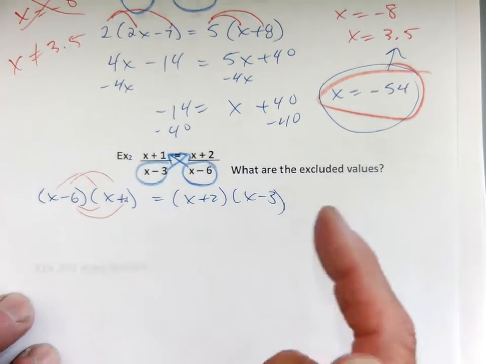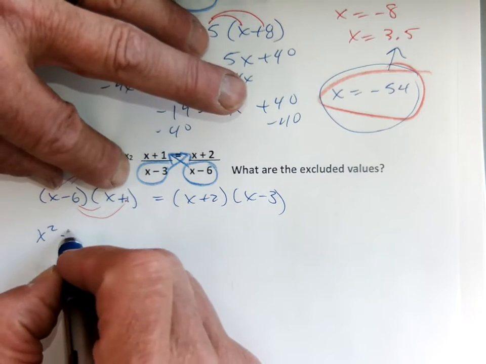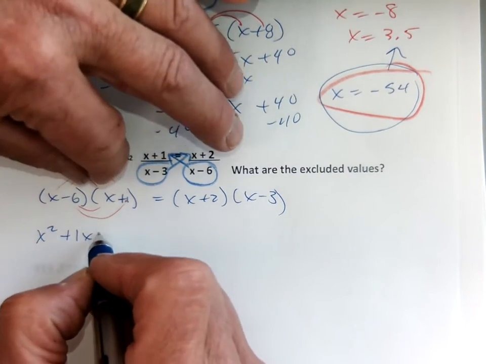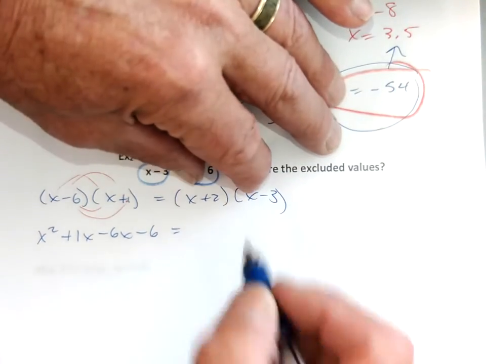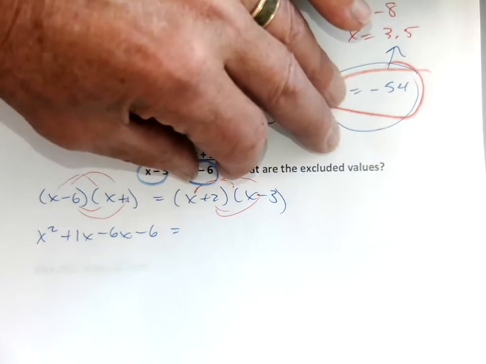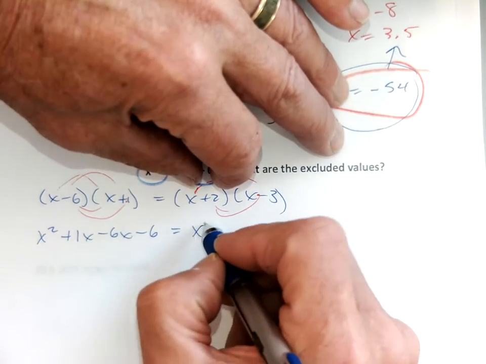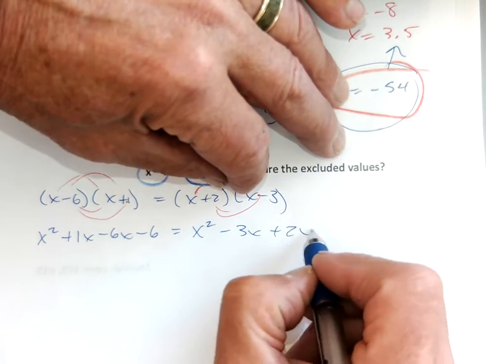I'm going to get x squared plus 1x minus 6x minus 6 equals, same thing over here, I will FOIL it, x squared minus 3x plus 2x minus 6.